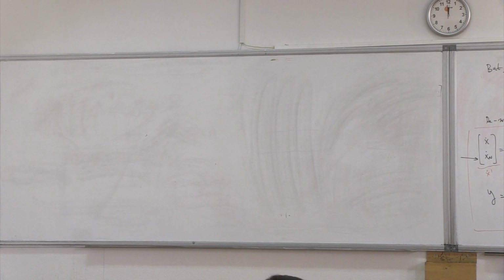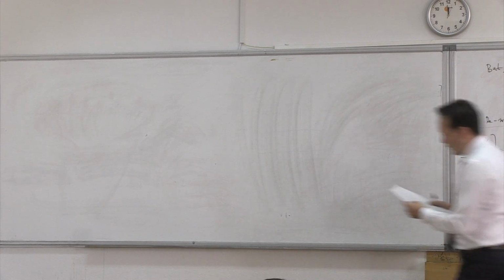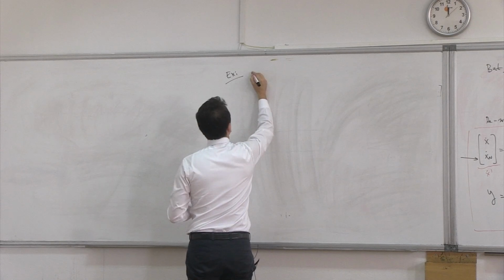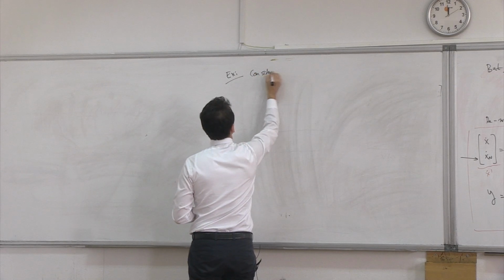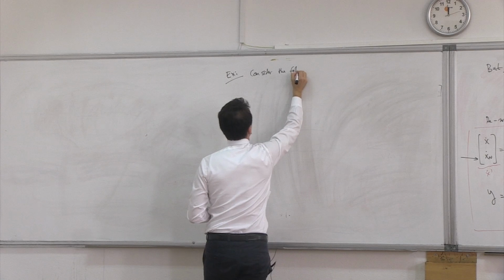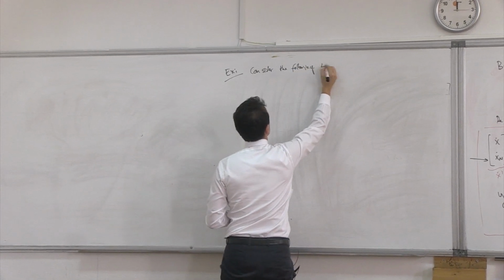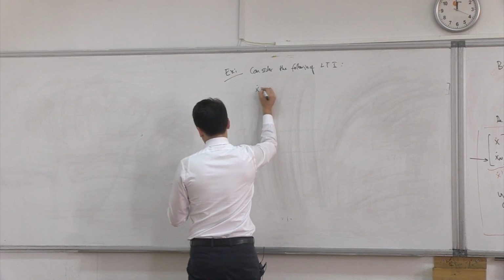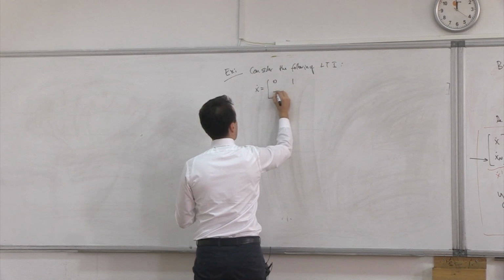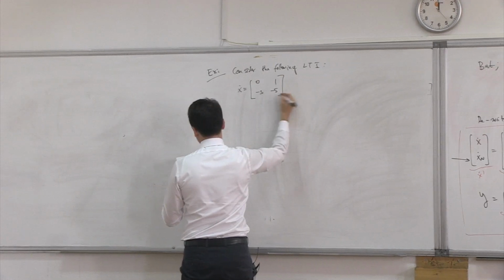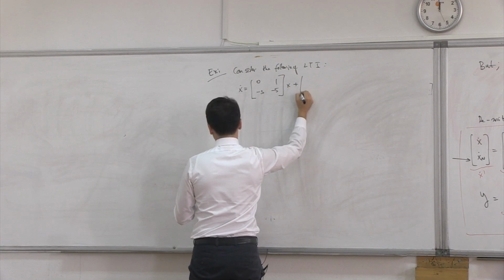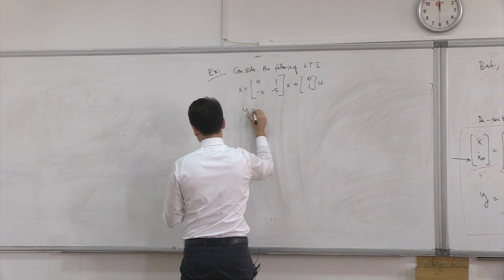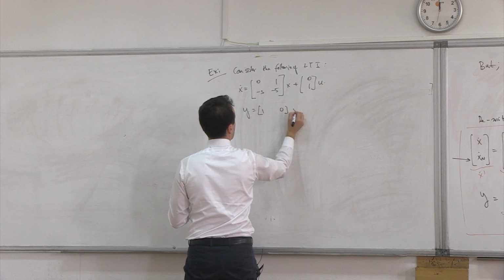I have an example here. Consider the following LTI, linear time invariant system. x dot is equal to [0, 1; -3, -5] x plus [0; 1] u, and y is equal to [1, 0] x.